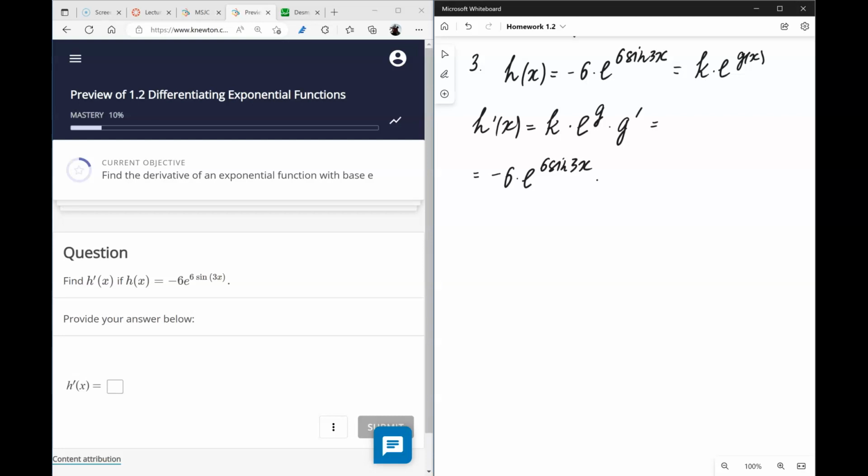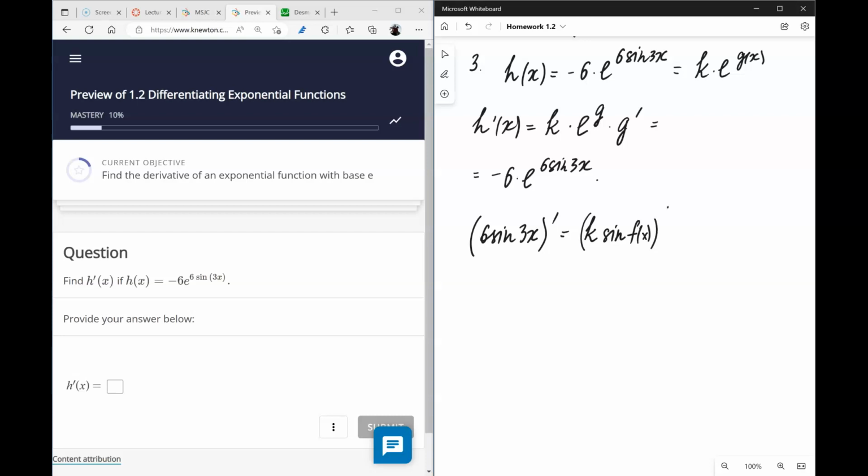And now to find the derivative of g, we pretty much have to differentiate this. So similarly, we have a constant, we have a sine function of, I'm not going to call it g, but let's call it f, since f is not used.